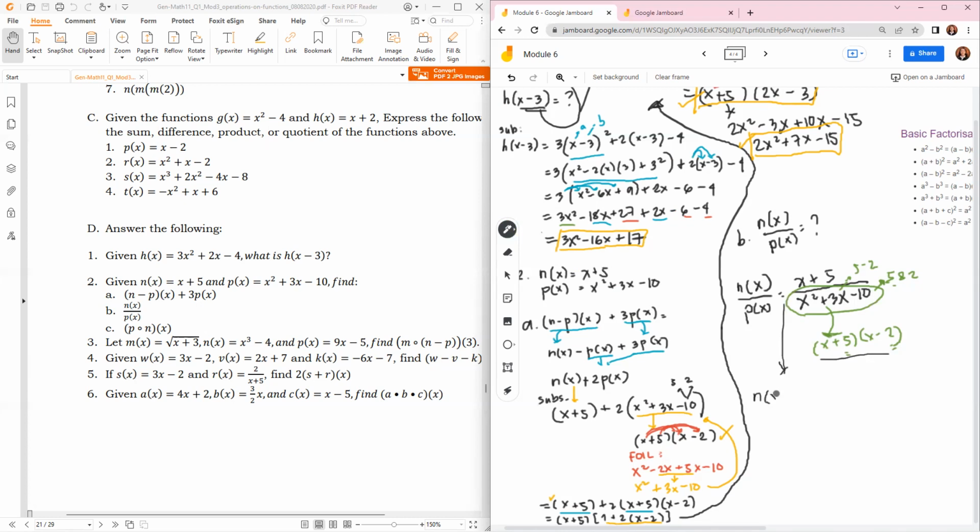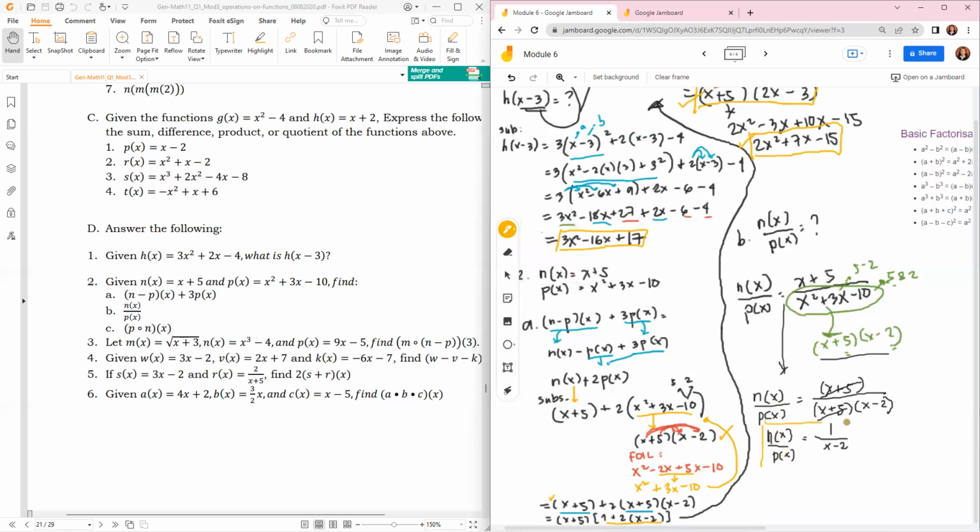That would be n of x over p of x equal to x plus 5 over x plus 5 multiplied by x minus 2. Remember that we need to cancel out the common terms in the numerator and denominator. In this case, it is x plus 5 because it occurs in both. Because x plus 5 over x plus 5 is basically just equal to 1. So n of x over p of x is simply 1 over x minus 2.